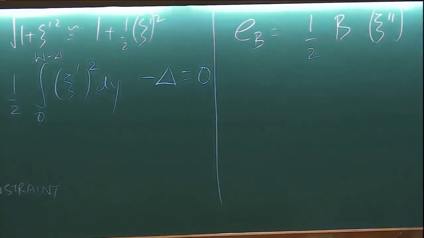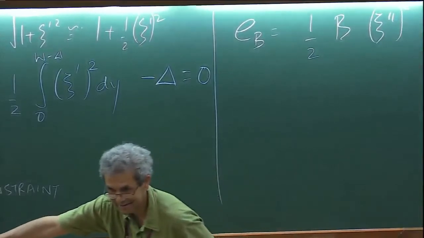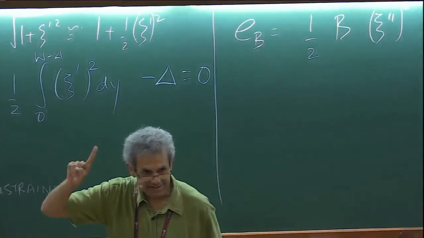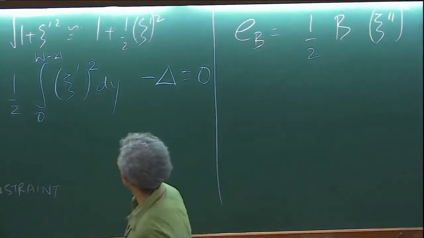All right. So this is why I asked you to please look over how you work with a string or how you work with Lagrangian densities. I'm not going to do the whole functional variation, okay? I'm just going to write the Euler-Lagrange equation down. But you remember how you do this? You have this functional integrated over dy with a constraint, okay? So you add the constraint with the Lagrange multiplier.